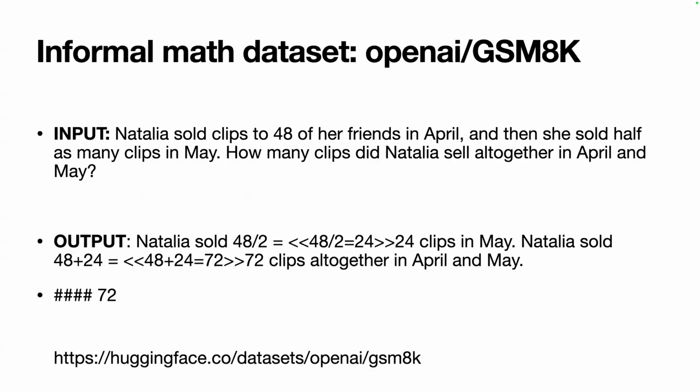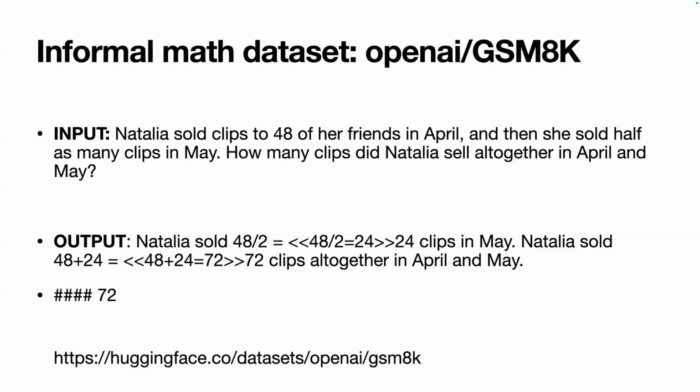GSM8K. It is considered to be an informal data set because the description and the evaluation were not that rigorous. So the input is just like how you would play with ChatGPT: Natalia sold clips to 48 of her friends in April, and then she sold half as many clips in May.